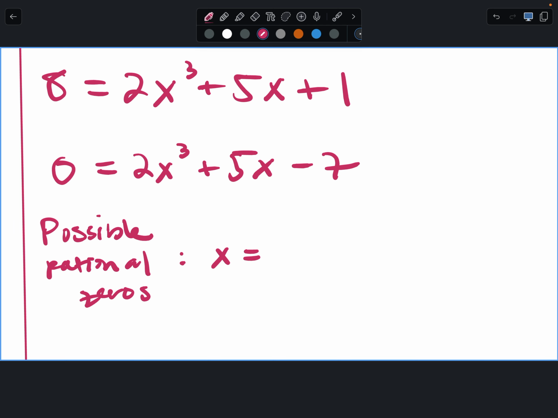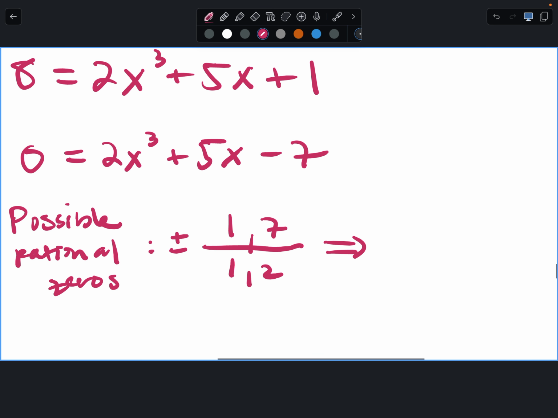So listing all the possible rational zeros, we would have plus or minus, I don't know why I put x equals. We'd have plus or minus. Factors of 7 would be 1 and 7. Factors of 2 would be 1 and 2.